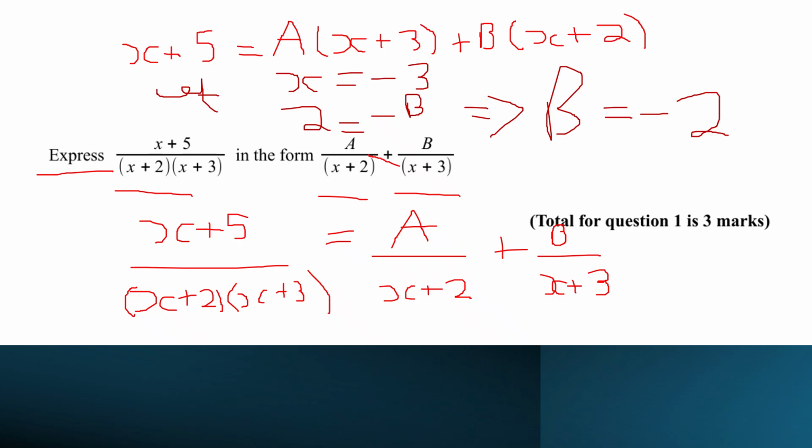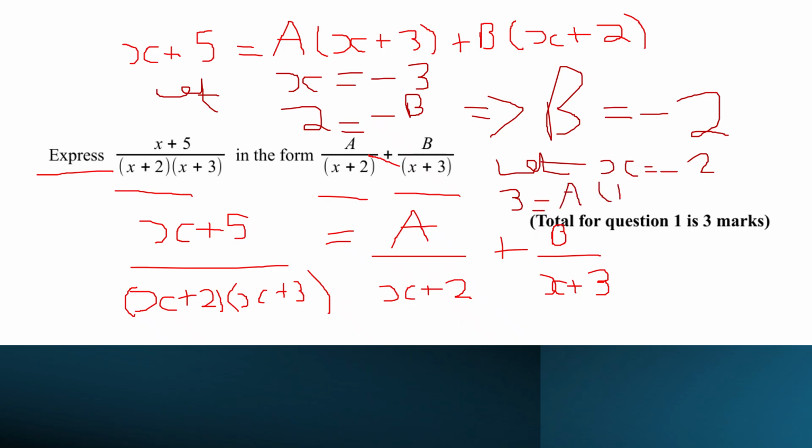I'm now going to let x equal minus 2 to get a value for a. So what do I get? I have minus 2 plus 5, that's going to be 3, is equal to a times (minus 2 plus 3), so that's going to be 1.